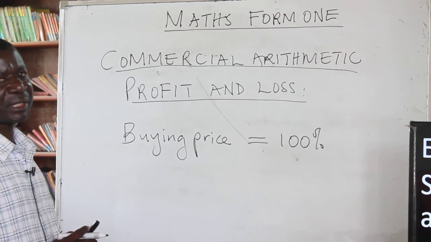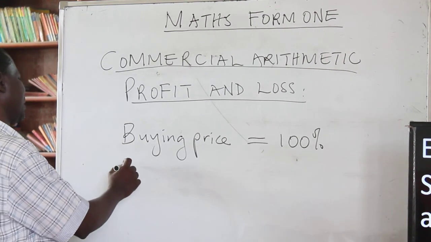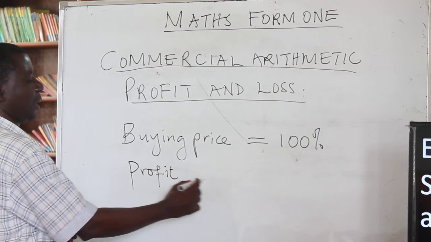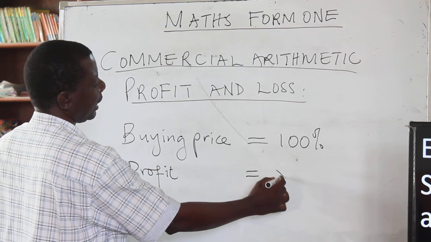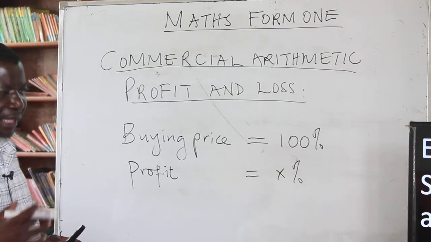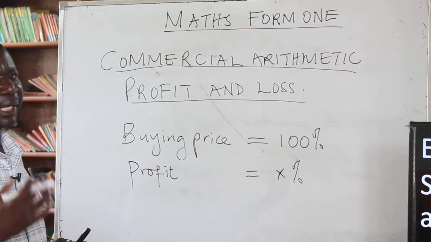The buying price always carries 100%. Then the profit will carry the X%, the percentage that has been increased.